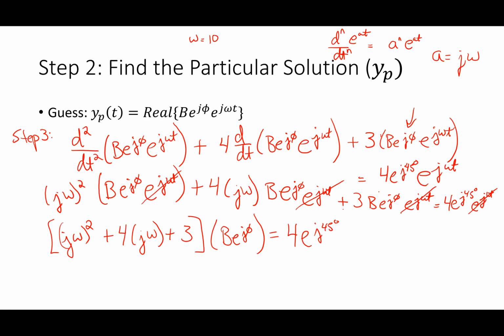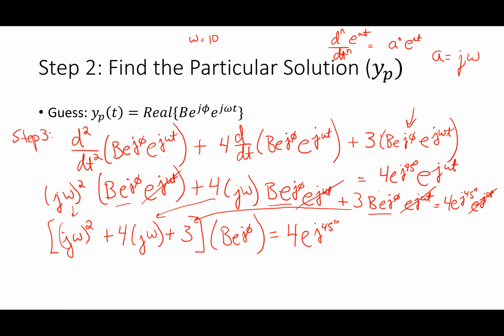I did some basic algebra there. I've got b e to the j phi in each one of those terms, so I factored them out. And then I have j omega squared, 4j omega, and 3 by themselves.